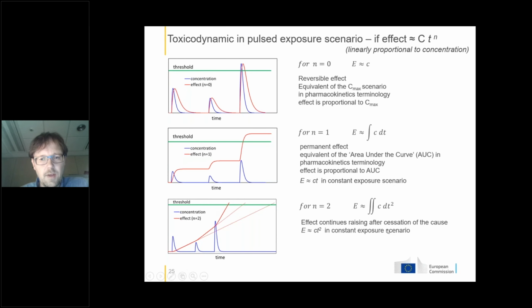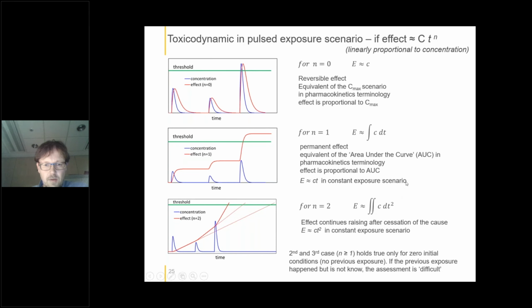So that's the consequence of this double integral. So what is important to keep in mind is that mainly in the third and second scenario, if the initial conditions are non-zero, it's impossible to make some assessment because you don't know in which state your system is, and if you don't know the pre-exposure, it is particularly difficult to protect animals and people if you don't know what their history is.